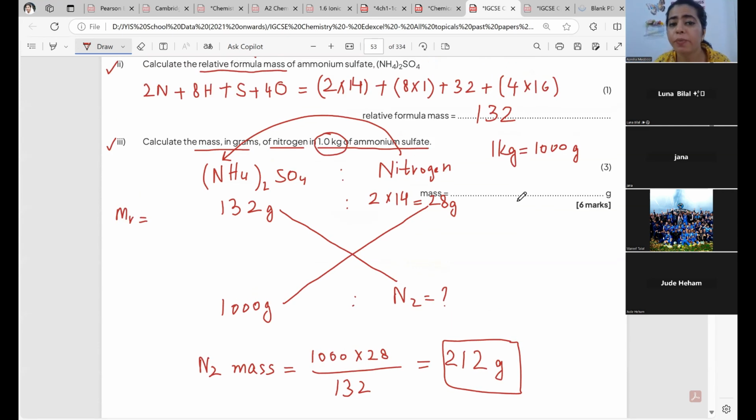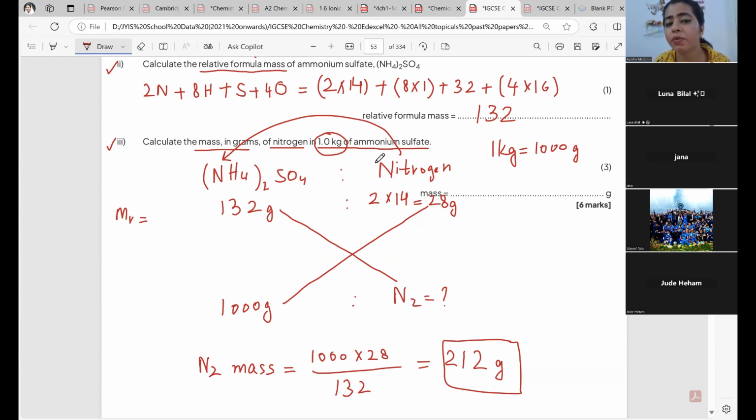Otherwise, I can repeat it. Sometimes they can ask you, from the main formula, how much is one specific element. Right now they're asking how much is nitrogen in the main formula. No need to find moles or anything. We are just relating the nitrogen with the main formula. The main formula has the MR value 132.